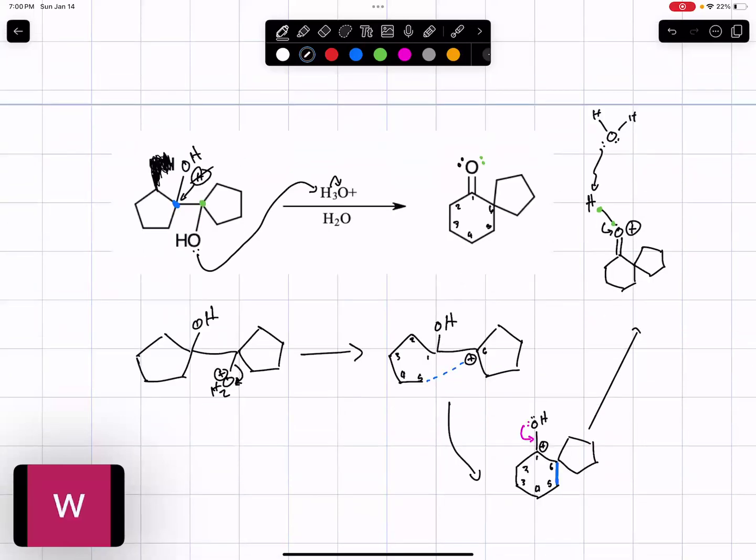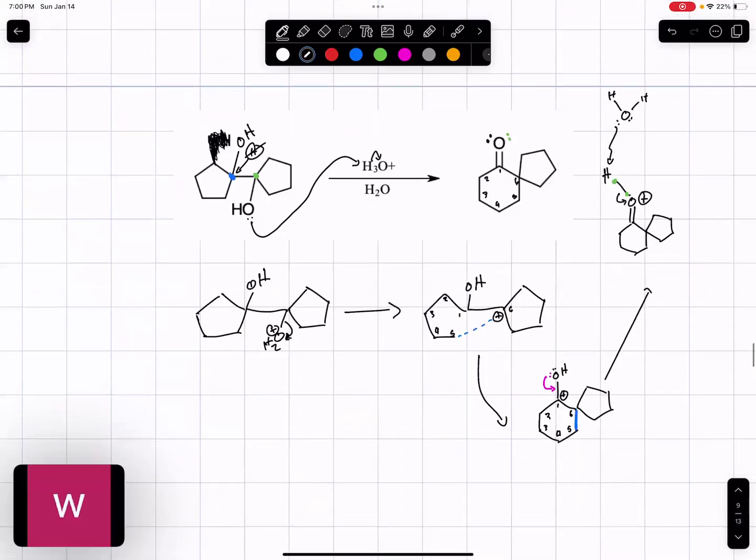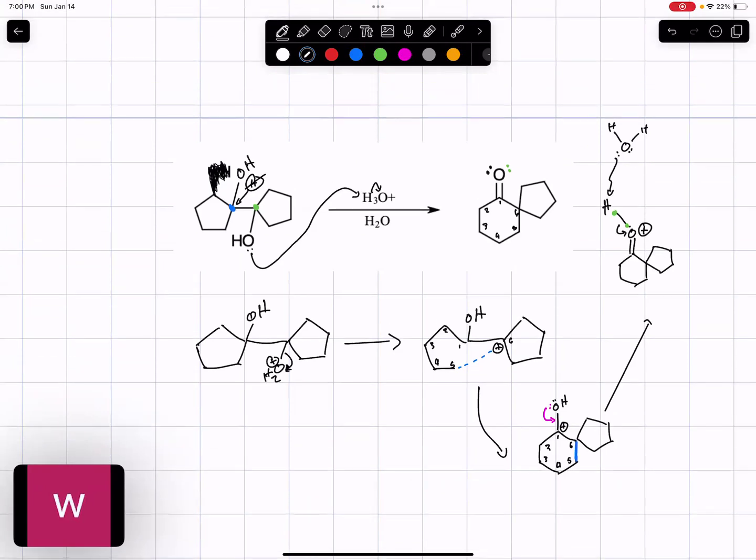Do we feel comfortable with mechanisms? I think that's the last mechanism that I have. Is this okay? Was this hard? Do you get it now? You have plenty of practice in the textbook and in the test banks that we gave you, or the practice test that we gave you. You will have a mechanism question.